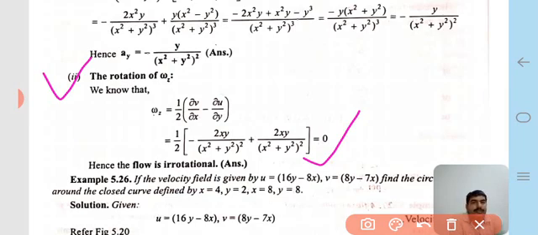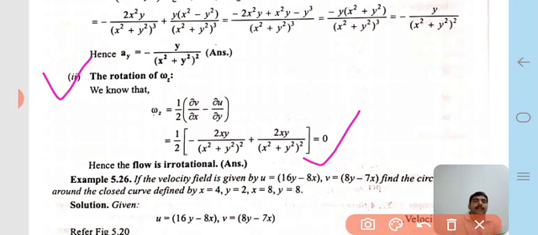Hence the flow is irrotational flow. The given flow is not rotational, it is an irrotational flow. This is the complete answer.